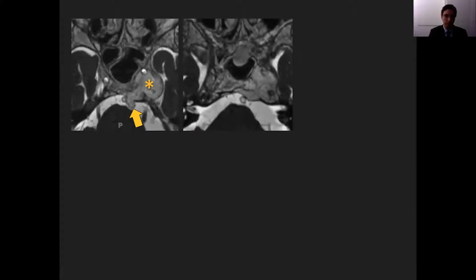Here we have axial CISS images with contrast, where we can see the mass on the left side. We can see disruption of the dura again, and we can see tumor extending into the subarachnoid space and compressing the pons. We can see the right abducens nerve, or cranial nerve 6, and the one on the left side.